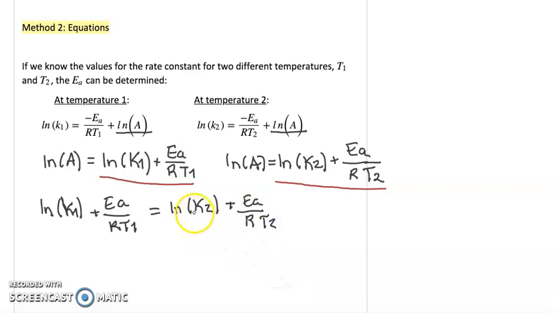And then we want to have ln K on the same side. So we move this right here to that side, and we move this part right here to the other side.